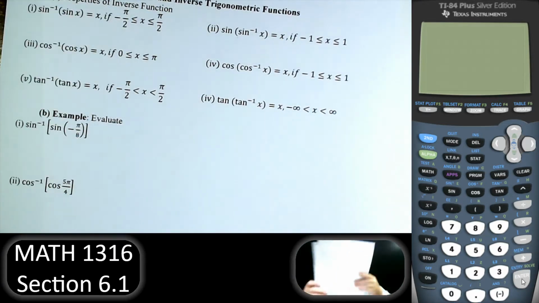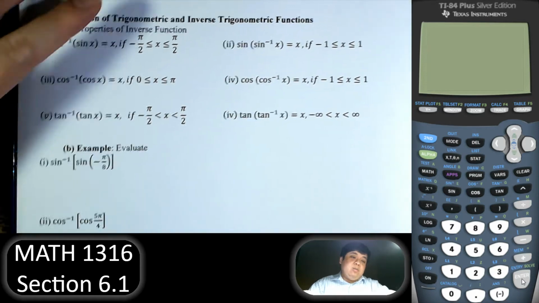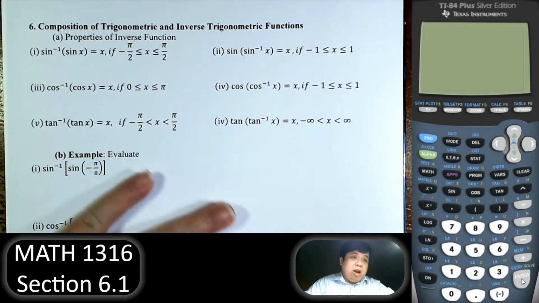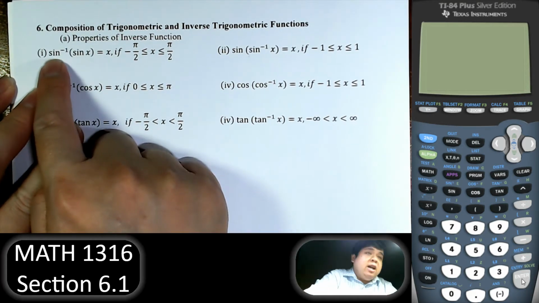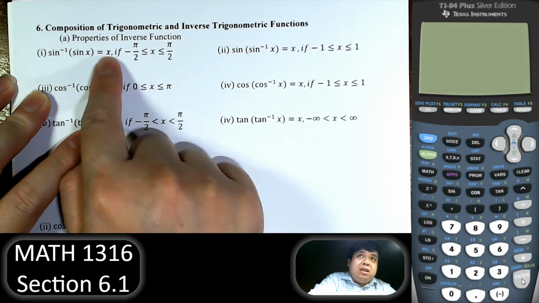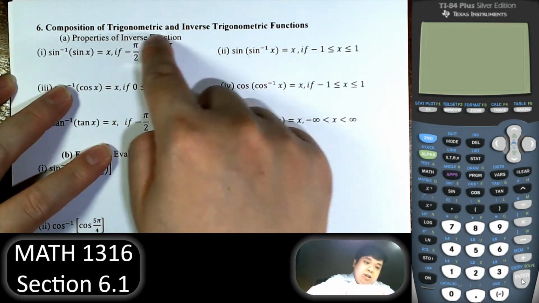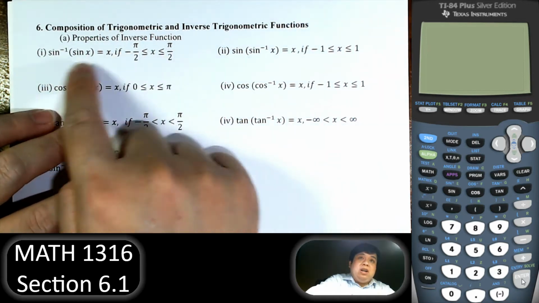Now, along with the definition, we have to know that the domain and range are important. Also from the definition, we have these properties. It says that for the sine inverse, we cancel the sine only if it belongs to this domain. So the domain is important. If it is not in this domain, it will not work.